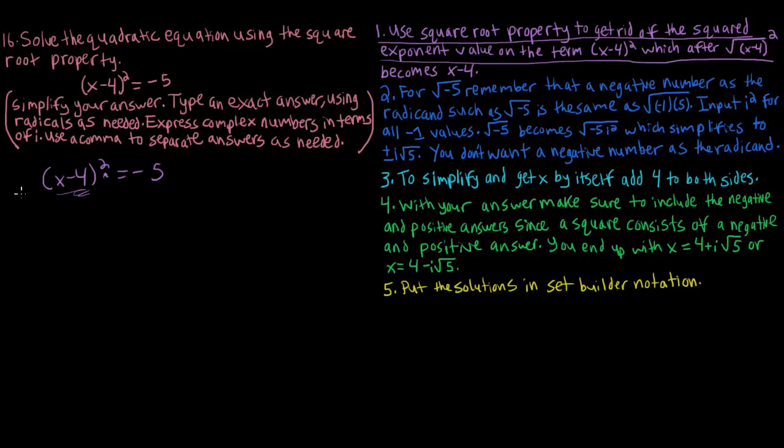So we take the square root of the left side of the equation. Because we do the left side, we also have to do the right side of the equation. This gets rid of the exponent value and leaves us with x minus 4 equals the square root of negative 5.